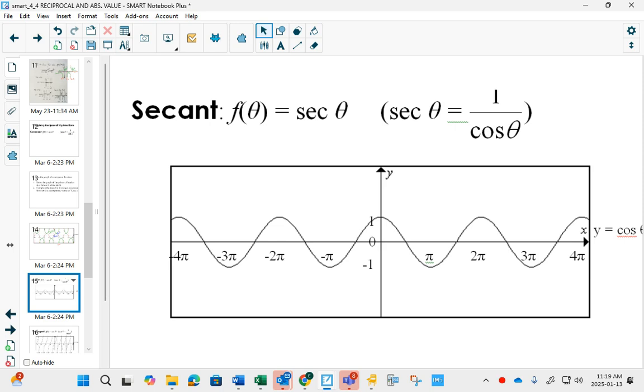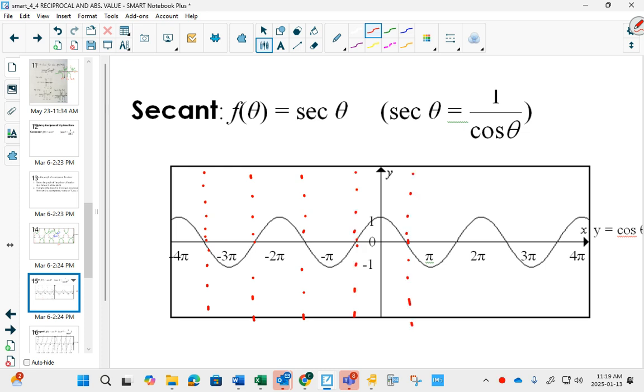But let's see how you did on secant. Did you get asymptotes? At each of the x-intercepts. And then wherever you have 1, 1 over 1 would stay the same. So these will all be the same.